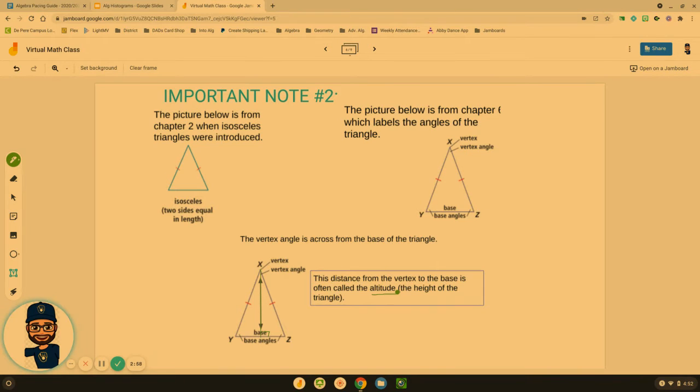The altitude or the height. And what it actually does is it cuts the base into two equal parts. It creates two equal parts down here as well. But these are properties that exist only in an isosceles or an equilateral triangle. So make sure that you have these vocab words down from this picture, and also that we call this the altitude from the vertex to the base.